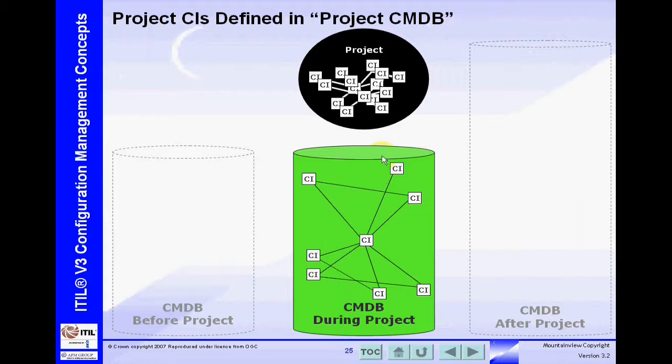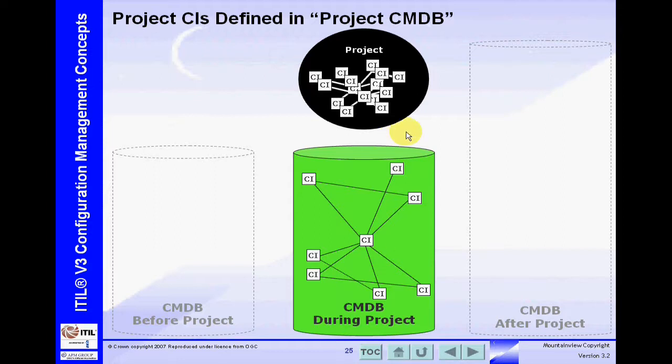We may want to take a configuration administrator or a librarian to administer these CIs for the project team. This can become very handy to help the project team in ensuring that when this project is put into production, there will be minimal impact to the IT infrastructure.